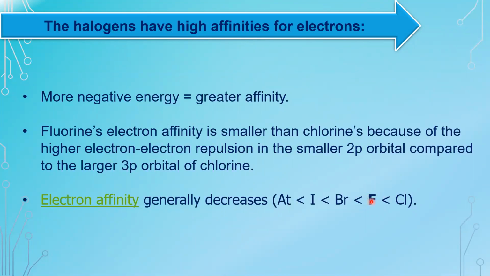Why? Because fluorine's atomic size is very small, so it experiences higher electron repulsion compared to the larger 3p orbital of chlorine. This is group 17, the halogens: fluorine, chlorine, bromine, iodine.